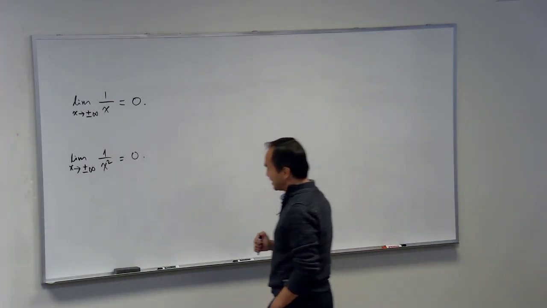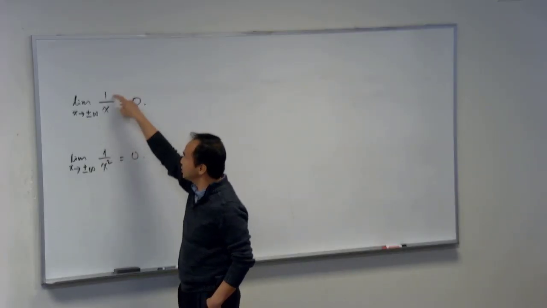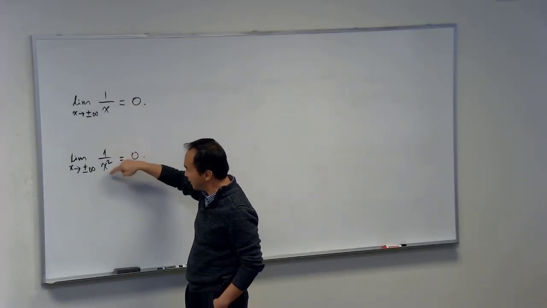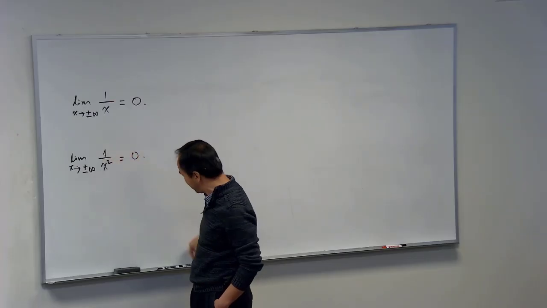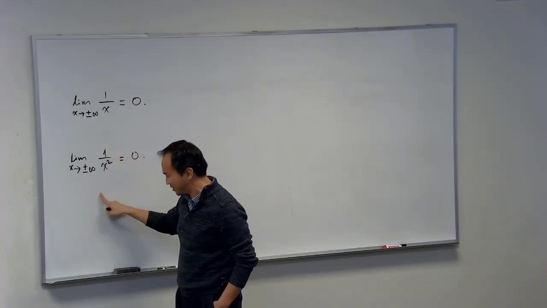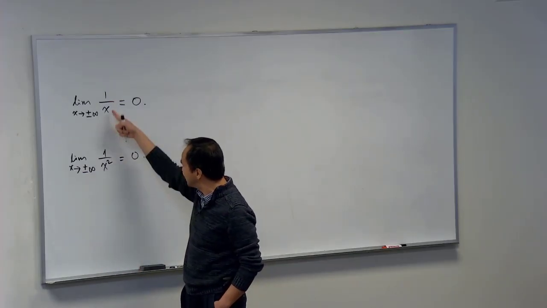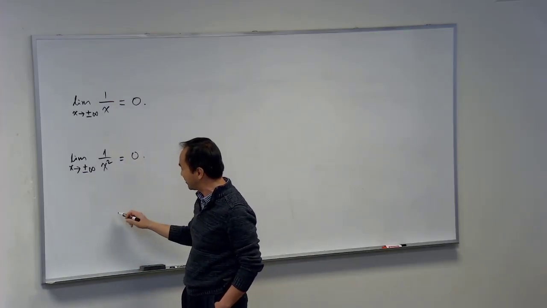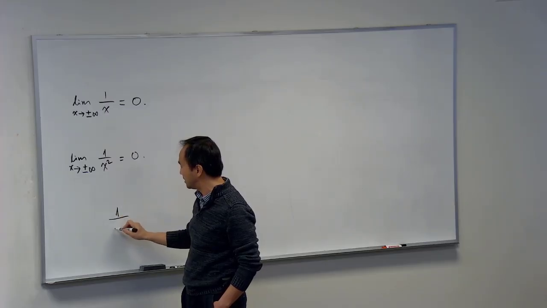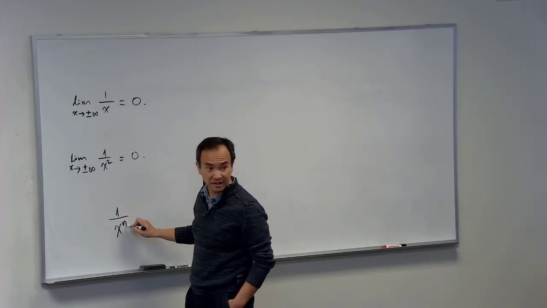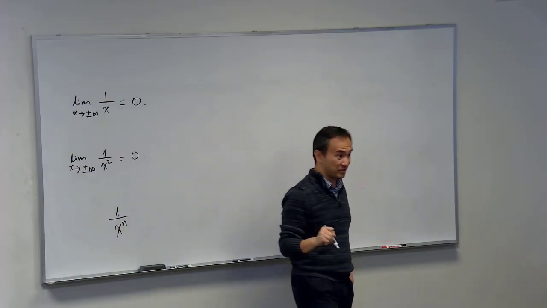And so now you can see that I purposely led you into that 1 over x. And then here, 1 over x squared. I don't want to spend too much time tracing it down one by one. But the idea is these guys are all in one family: the function 1 over x to the n, x raised to a certain power. See what I'm saying now?